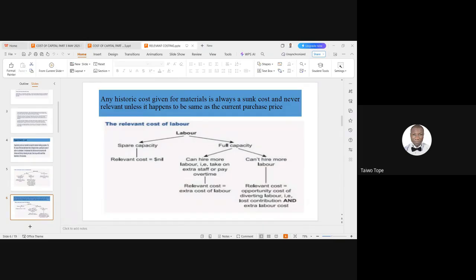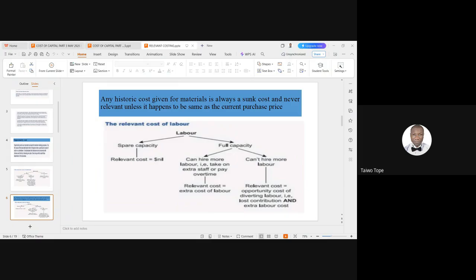The lost contribution plus the labor cost. But depending on the question, that is why I made it clear at the beginning of the class that English language is very important. So we're going to see this play out in some examples. Then we'll see the practicality of it.